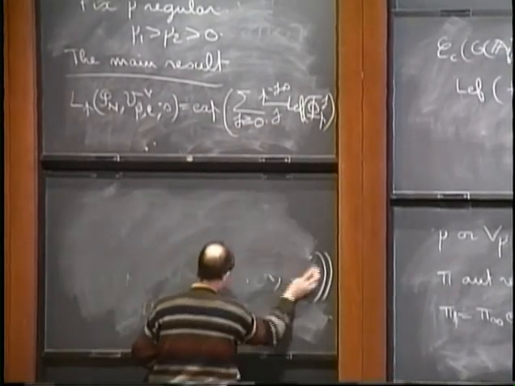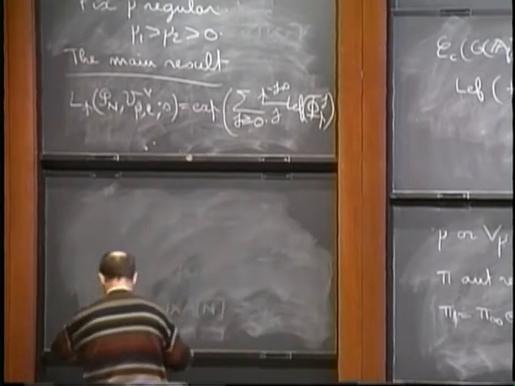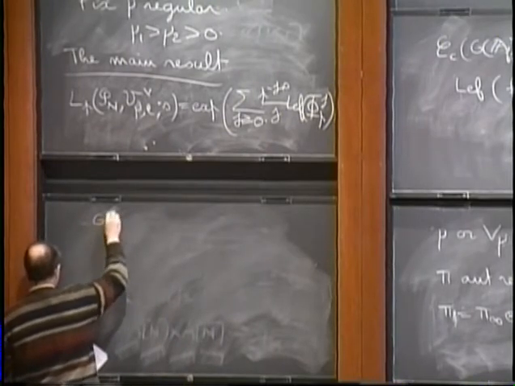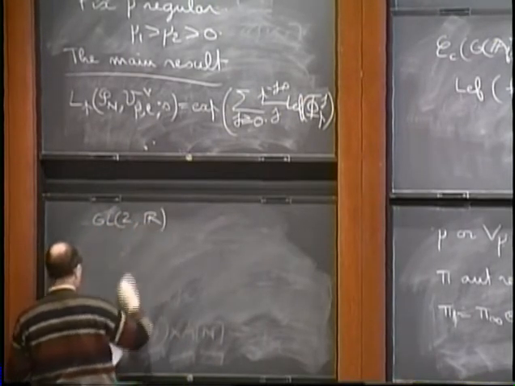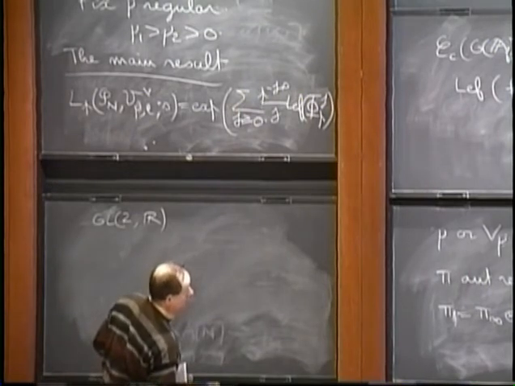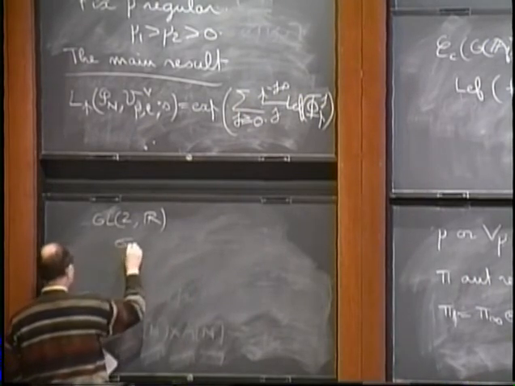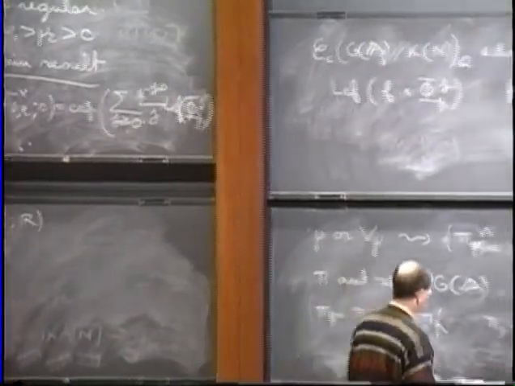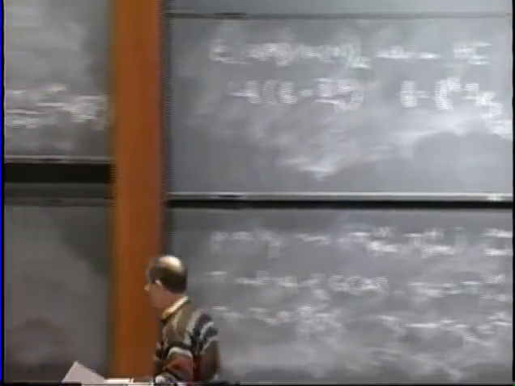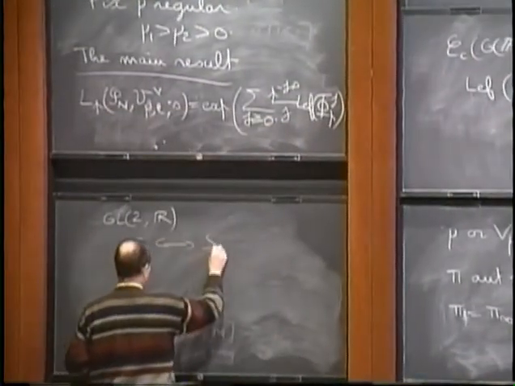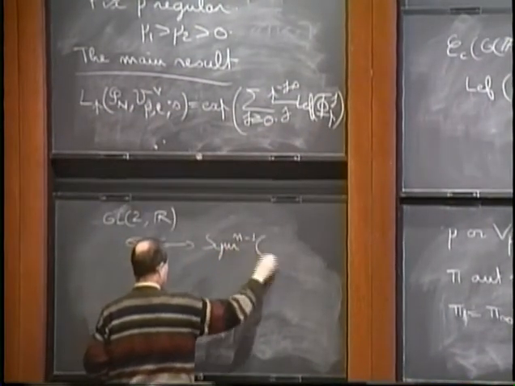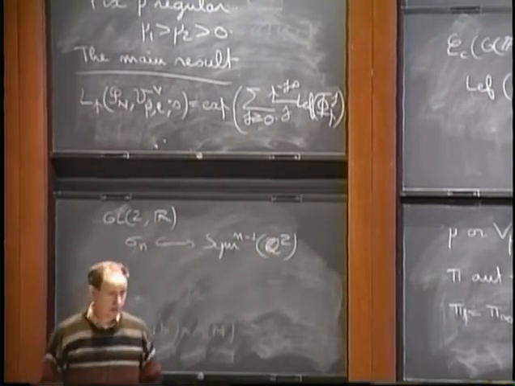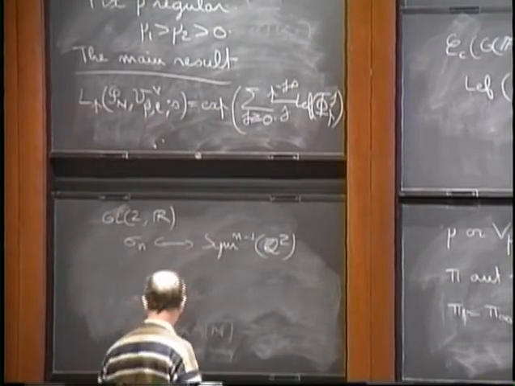So for GL2 R, we have a well-known family of discrete series representations, sigma n, which has the same central and infinitesimal character as the rational finite dimensional representation, the symmetric power of Q2.